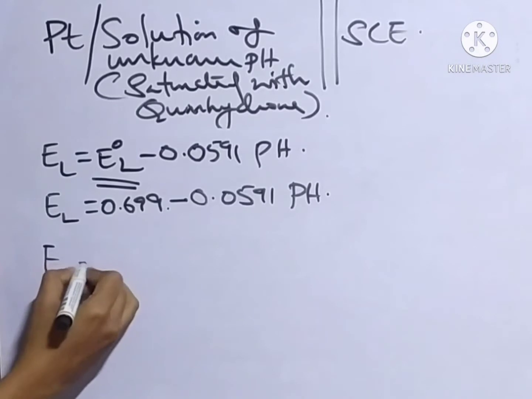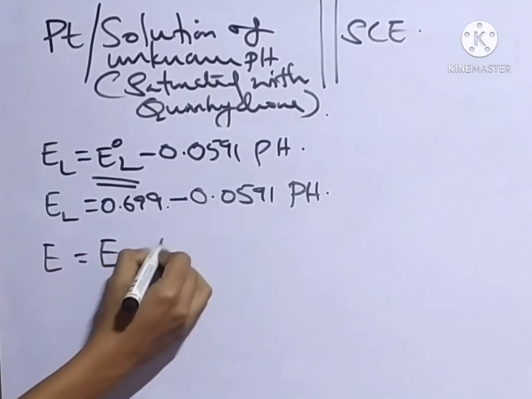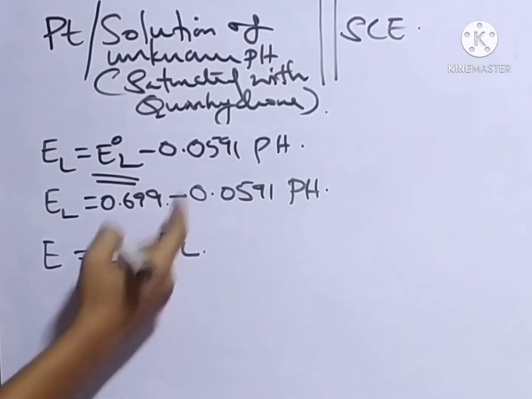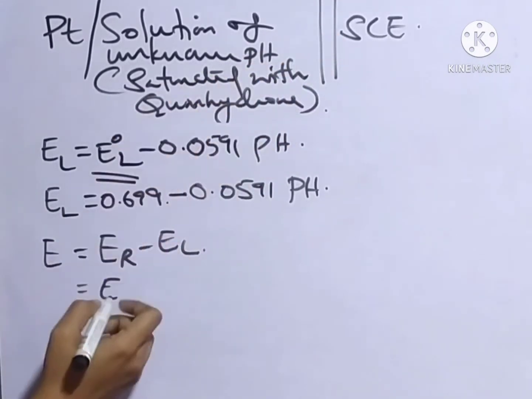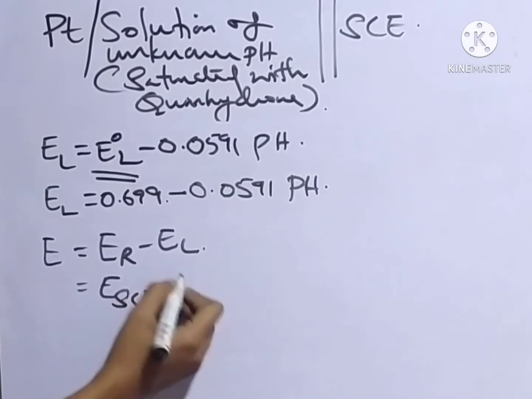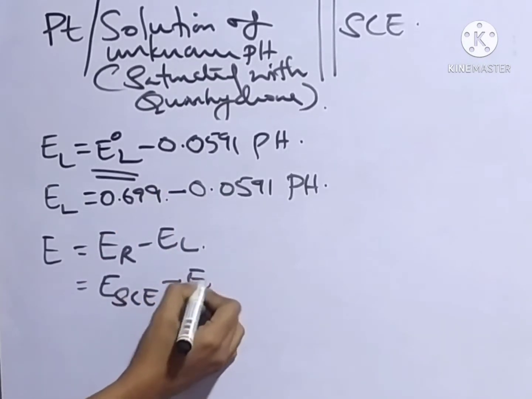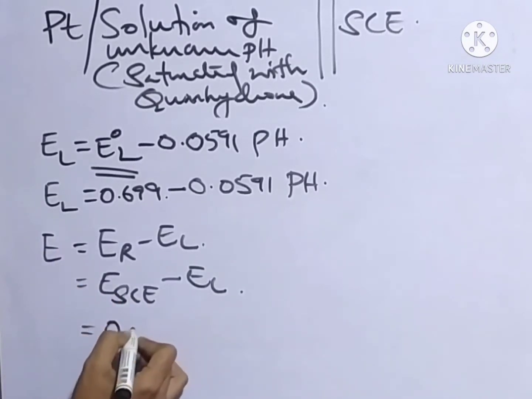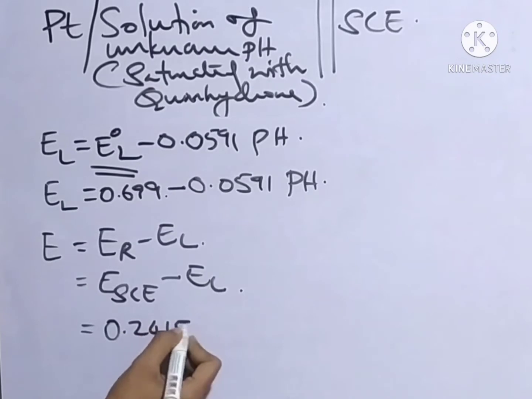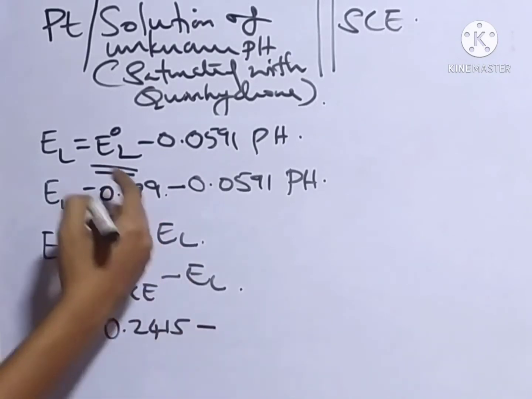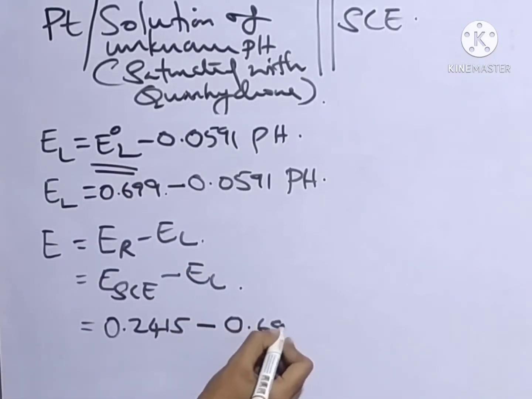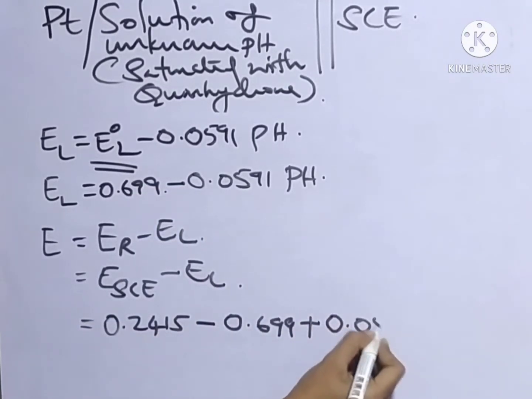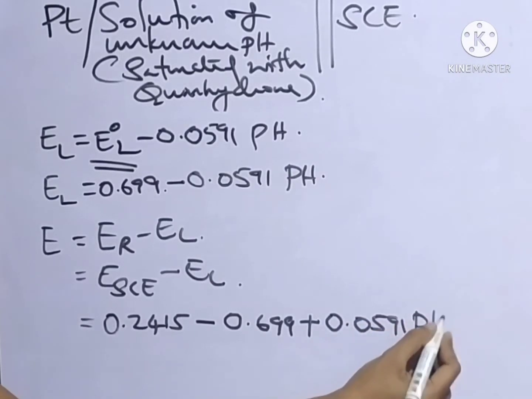So EMF equals E right minus E left. Right means the standard calomel electrode minus the EL value. Then we know the EMF of the standard calomel electrode is 0.2415 minus our value, that is 0.699 minus into minus plus 0.0591 pH.